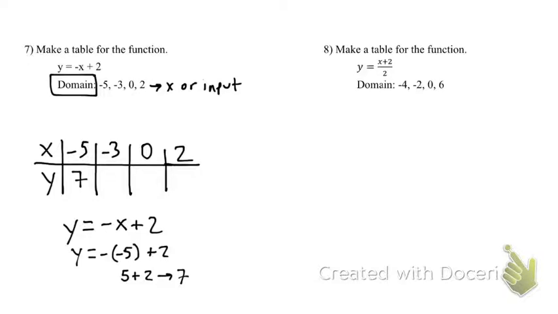Now we're going to do the same process over for the next x. Instead of plugging in negative 5, I'm now plugging in negative 3. Negative 1 times negative 3 is positive 3. Bring down the positive 2. That gives me 5. So that goes here. Then we repeat the process again.